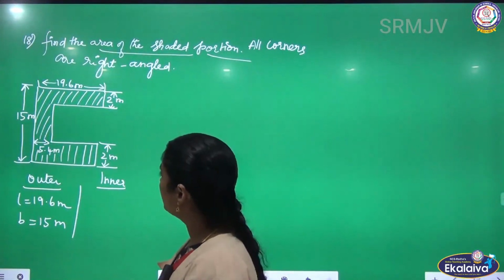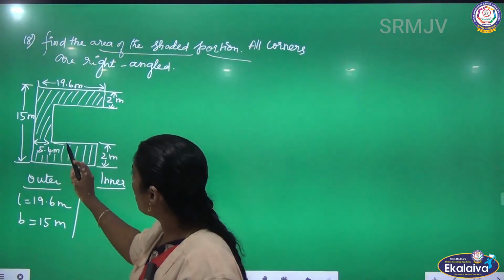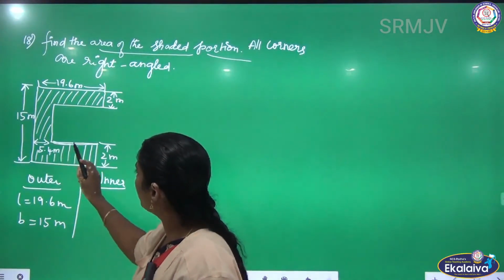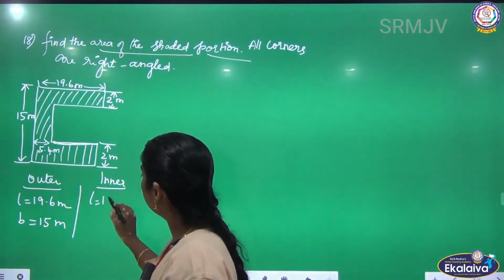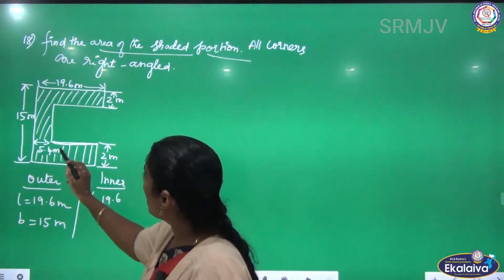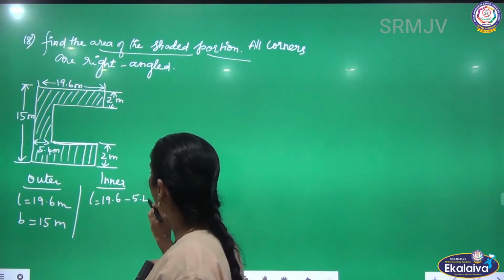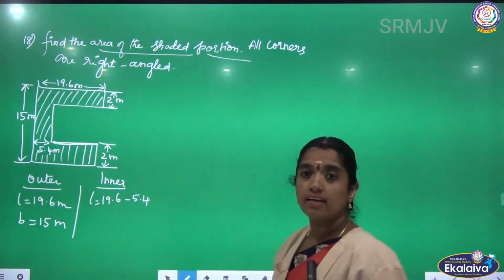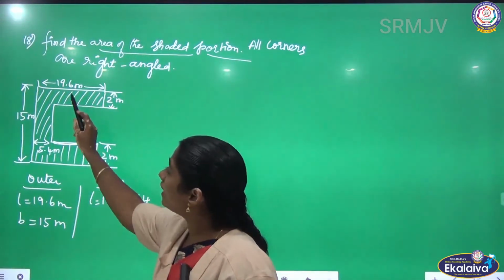Now I am going to find the length and breadth for the inner rectangle. See, inner rectangle means, listen children, from this part to this part. The overall outer length is 19.6, and I am going to subtract this 5.4. Can you clear this, children?